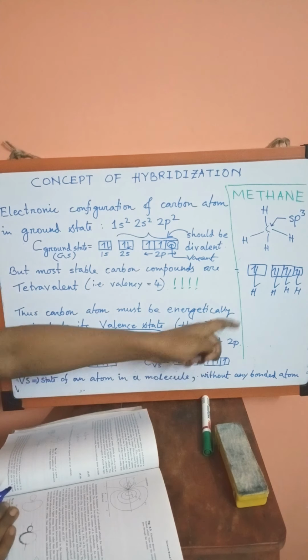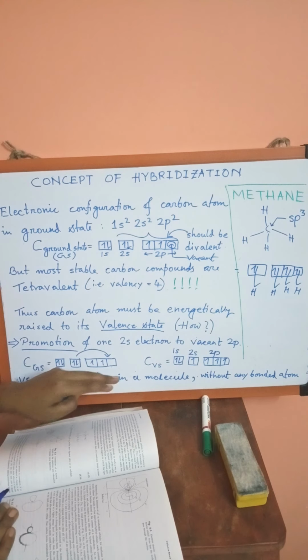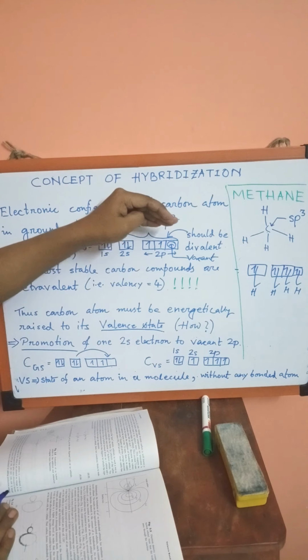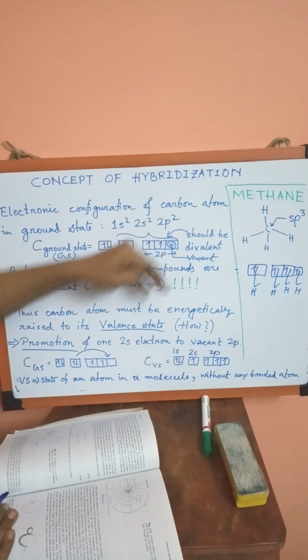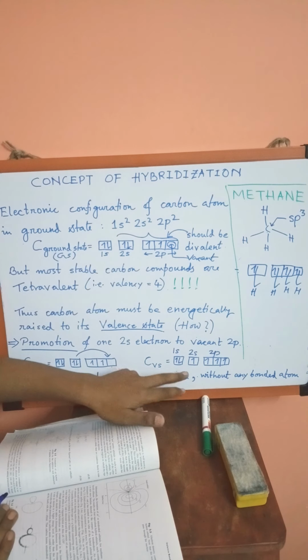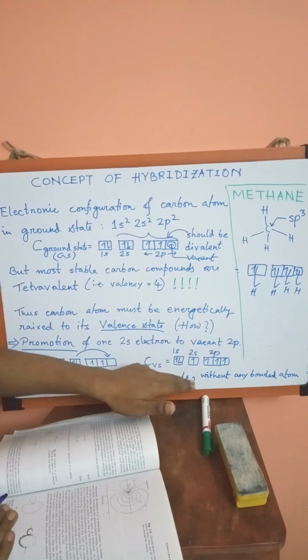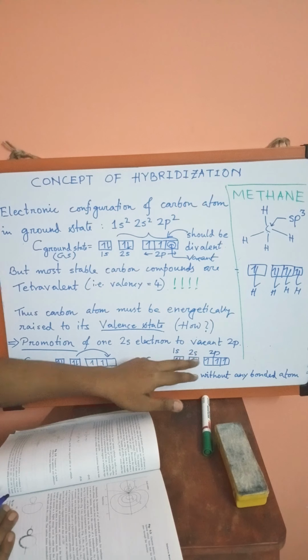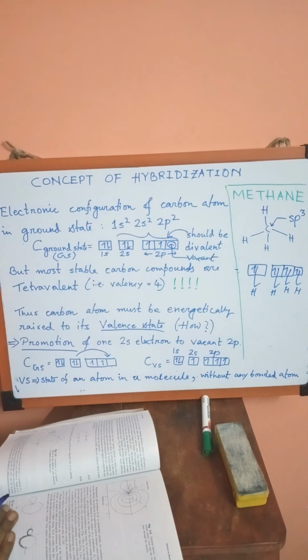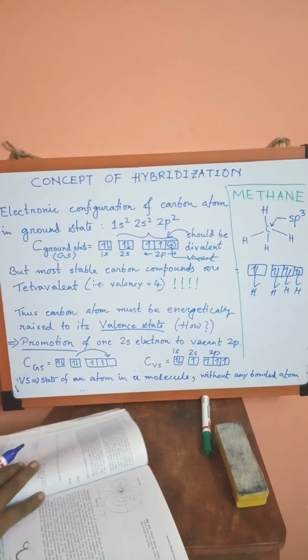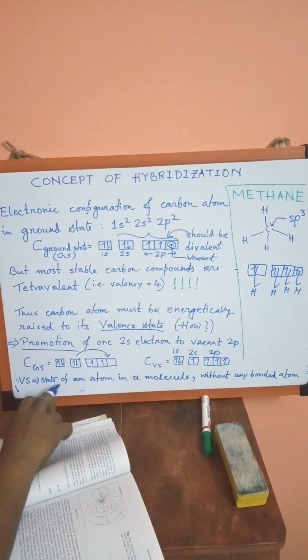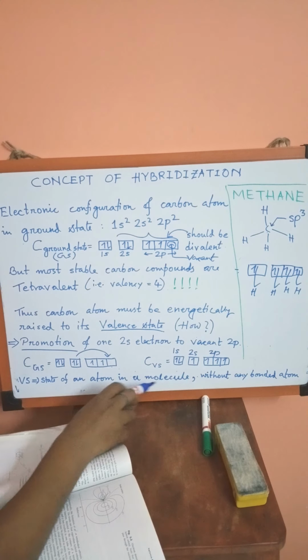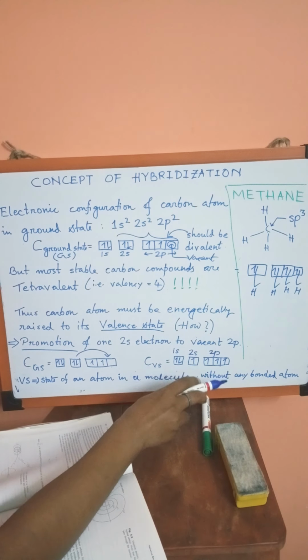So this is how, as the carbon through this promotion is excited to the valence state or excited state, it is now able to form a tetravalent carbon which is capable of forming 4 such bonds. We can define the valence state as the state of an atom in a molecule without any bonded atom.